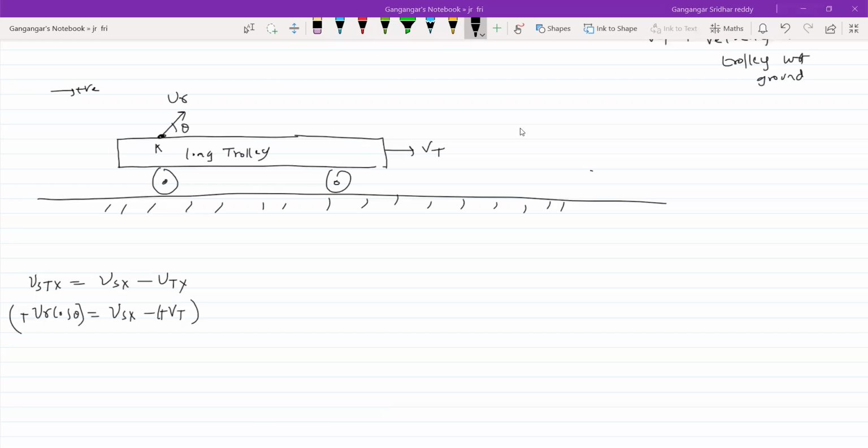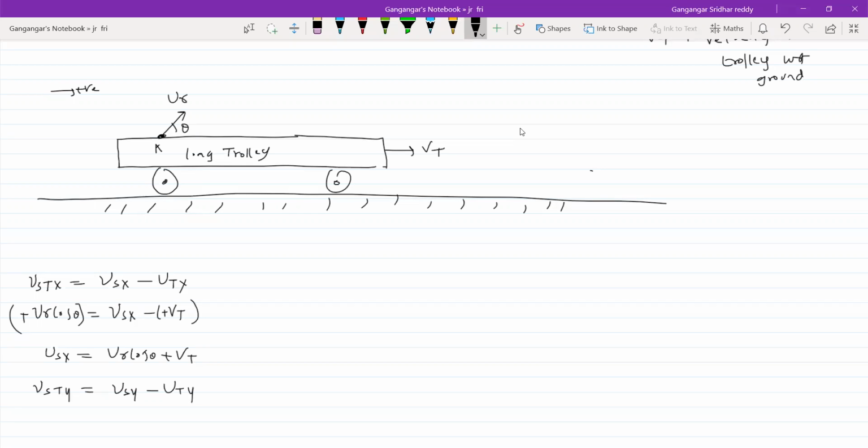So velocity of stone with respect to ground is equal to VT plus UR cos theta. Keep it like this here. Now similarly along the y-axis, velocity of stone with respect to trolley along y-axis equals velocity of stone with respect to ground along y-axis minus velocity of trolley along y-axis.